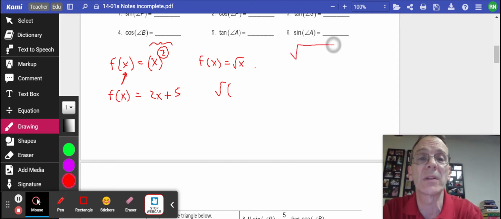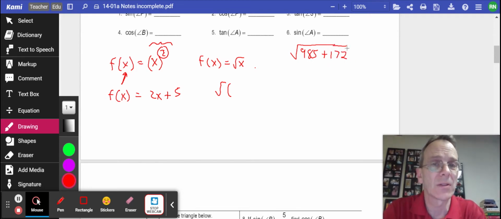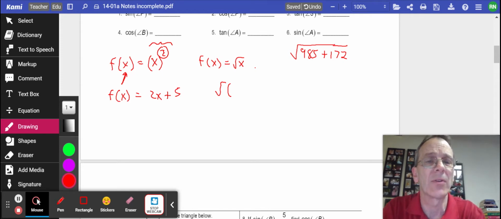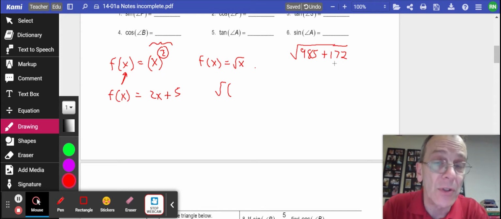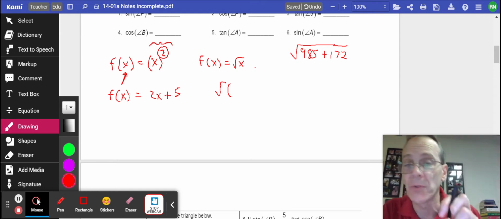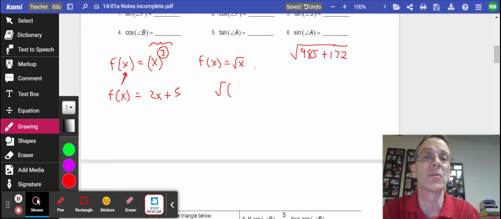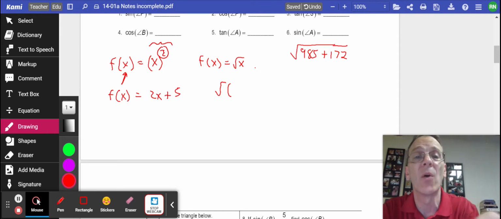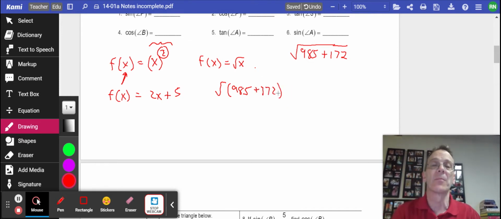But suppose you want to take the square root of 985 plus 172. Well, you got two ways that you could do that on your calculator. You could do this addition first, get a result, and then put the result in the square root. So do it in two separate steps. Or you could do it like this: surround the 985 and the 172 in parentheses, put it in like that.